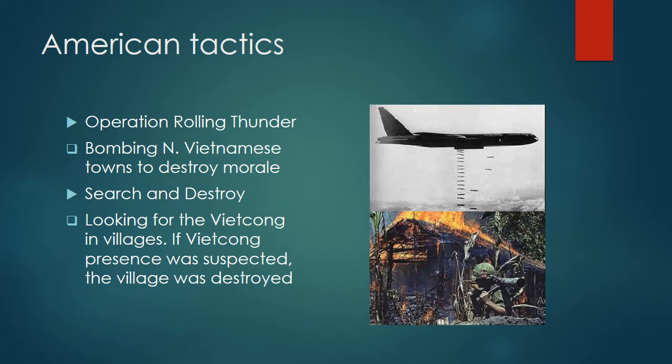In order to destroy the morale of the Viet Cong, the American tactics involved both ground forces and air operations, and Operation Rolling Thunder was employed under the air operations, which involved attacks and the bombing of North Vietnamese towns.